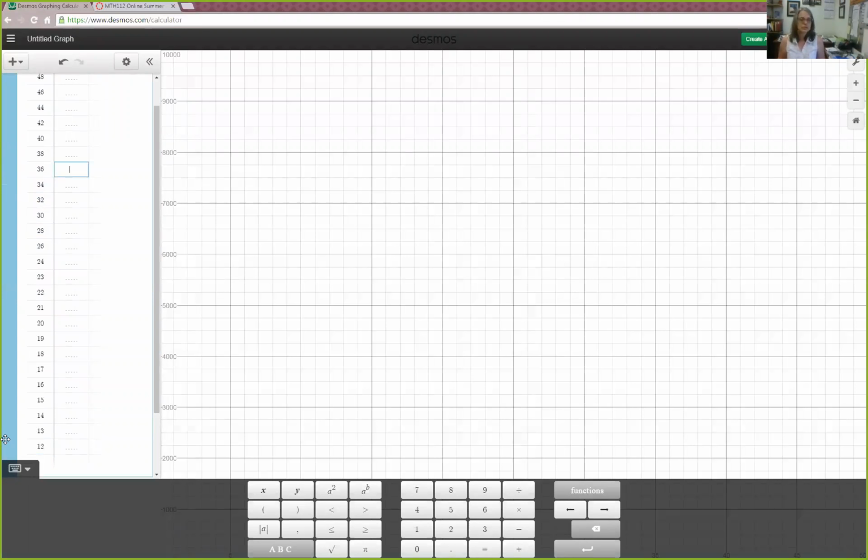Well, the problem told me to use volume as the independent variable. That means x's. So now we've got pressure. Well, this is looking promising. As volume goes down, pressure goes up.